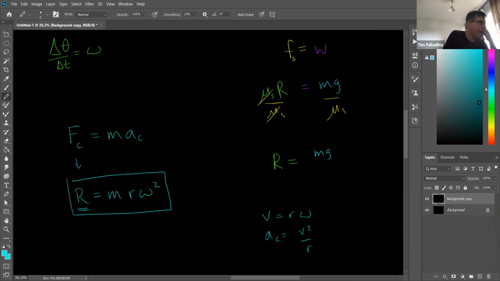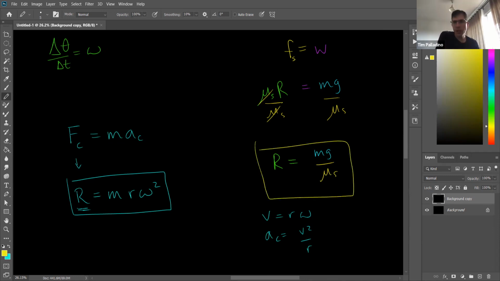But they don't give me mass, which is pretty common because it's probably going to cancel out somewhere. If you remember all of the force problems that we did, mass usually canceled out. So now we have two equations for R, and the thing I'm looking for is this variable right here.